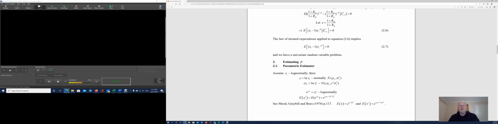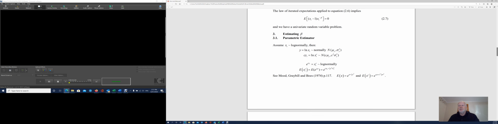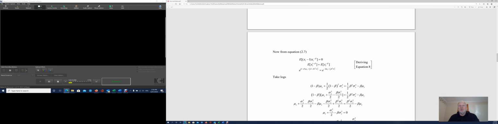They assume that X is log normally distributed, and they use the moment generating function of the normal. So if Y equals log X is distributed normally, with mean mu_Y and variance sigma squared Y, then the moment generating function says E[e^{CY}] equals e to the C mu_Y plus half C squared sigma squared Y. So we've got this equation here, so we can say that this equals this by dividing it up.